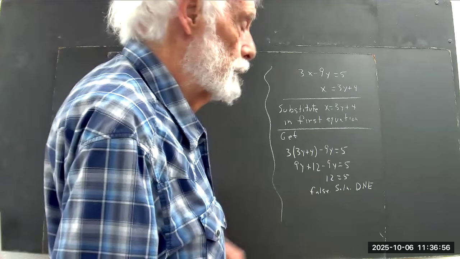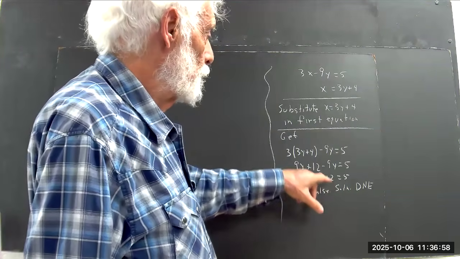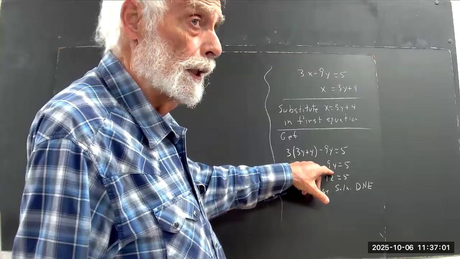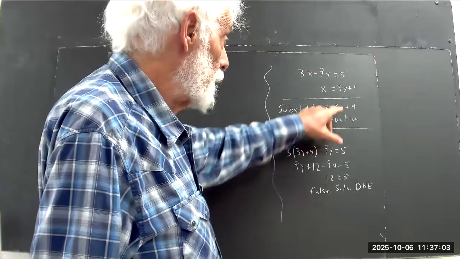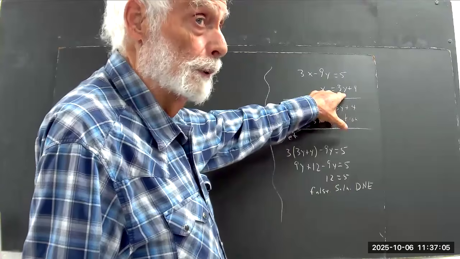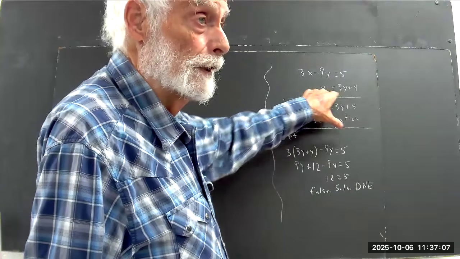Now, if we had gotten a solution, as we did in class previously, if we got a solution for y, we could put that back into the second equation and find out what x is.